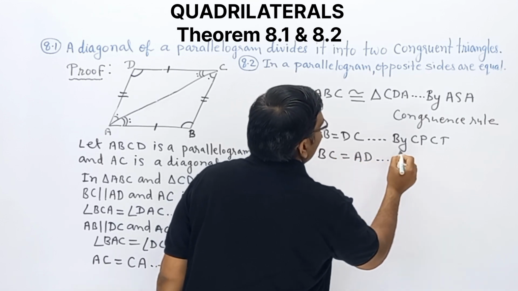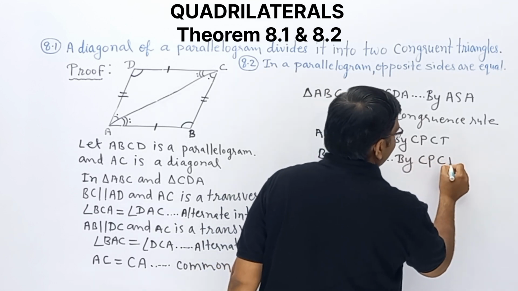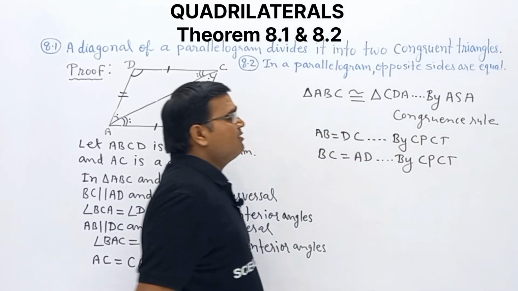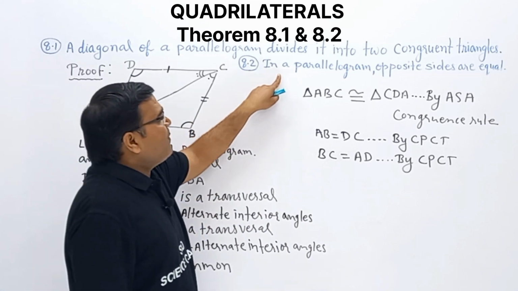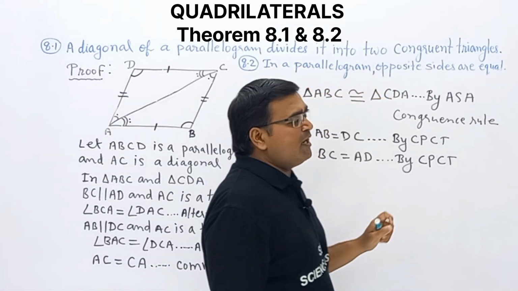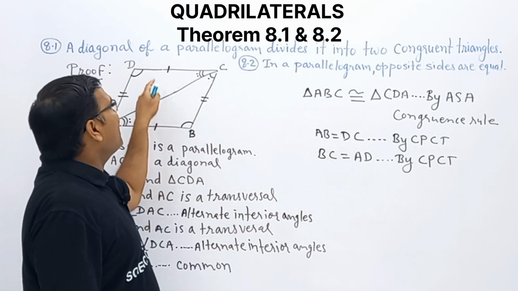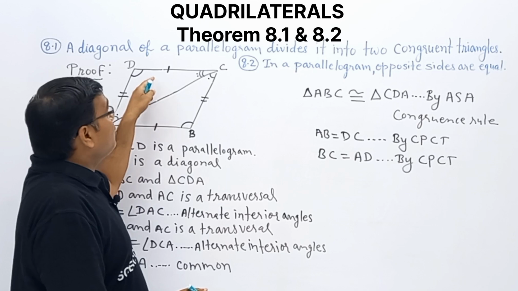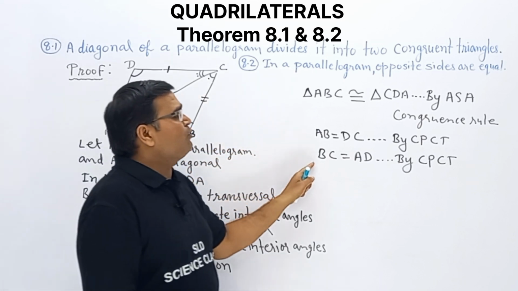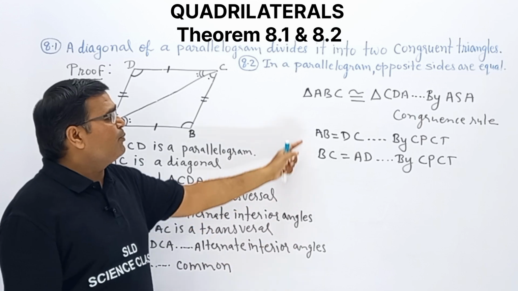This is also by CPCT, corresponding parts of congruent triangles. So this theorem, in a parallelogram opposite sides are equal. To prove this one, first we prove both triangles are congruent or not. Once we observe both are congruent, then we can easily say corresponding parts of congruent triangles will be equal. So we proved this one.